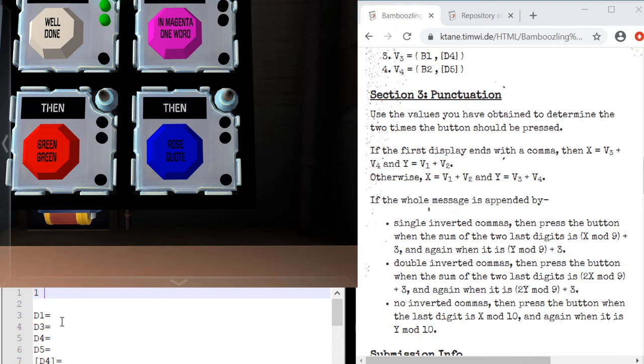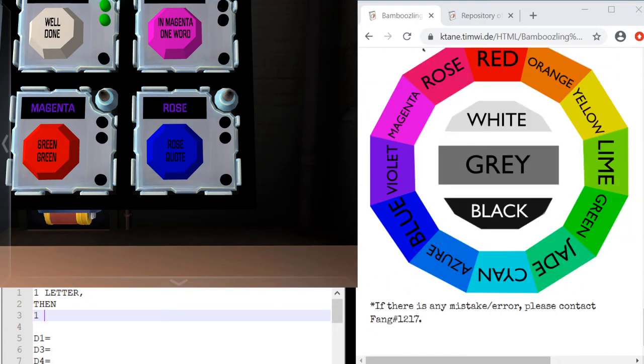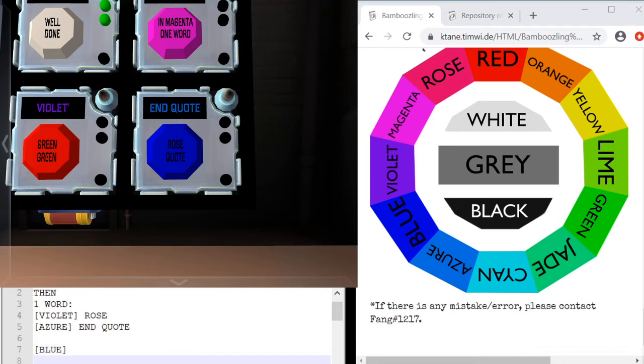So, the text is one letter, comma, then one word, colon. Looks like it is a violet rose and an azure end quote. And the button is blue, and it says rose and quote.